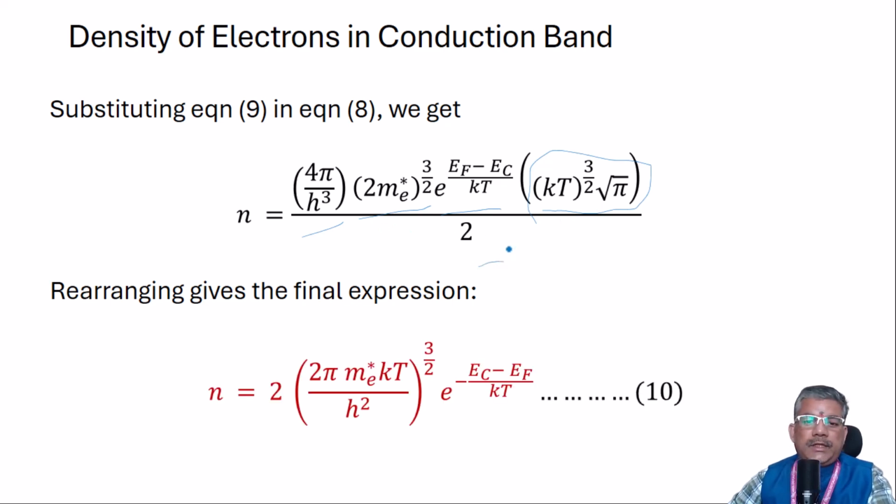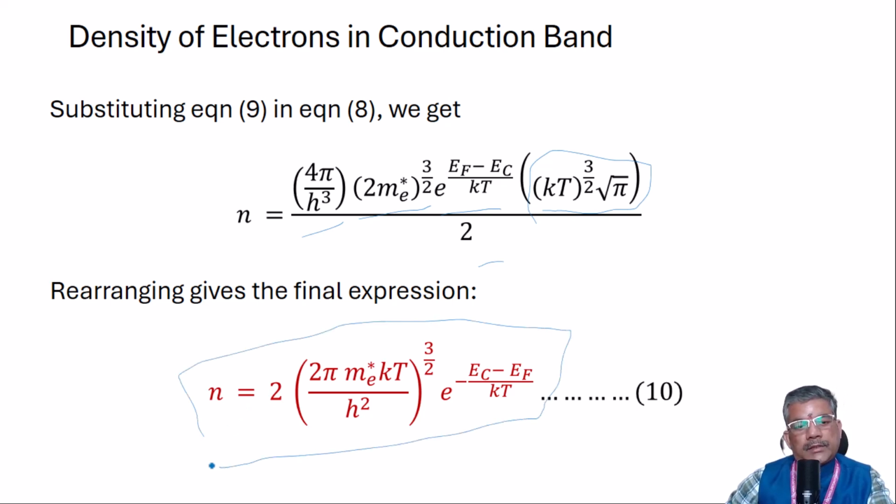So rearranging the final expression, we can write the number of electrons or density of electrons in the conduction band, that is n equal to 2 into (2 pi m e star kBT by h squared) whole power 3 by 2 into exponential of minus (Ec minus Ef) by kBT.